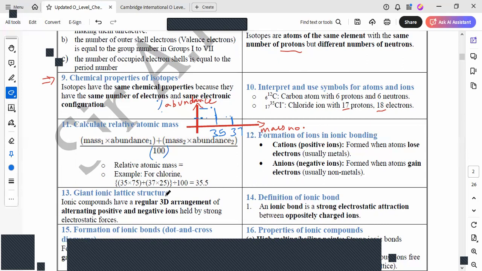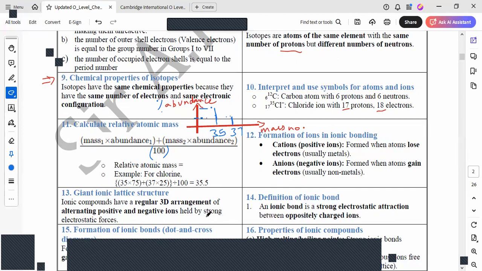Then we have the giant ionic lattice structure. What does that mean? Ionic compounds have a regular three-dimensional arrangement of alternating positive and negative ions held by strong electrostatic forces.